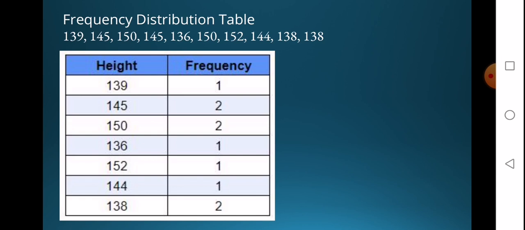Okay. So many times it is not easy or feasible to find the frequency of data from a very large data set. So to make sense of the data, we make a frequency table and graphs. So let us take the example of the heights of 10 students in centimeters.